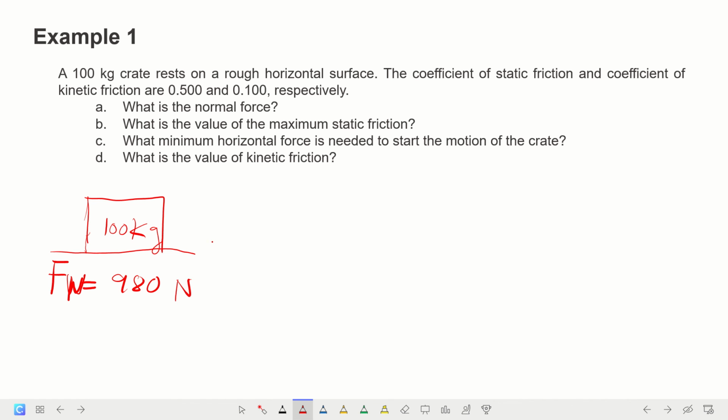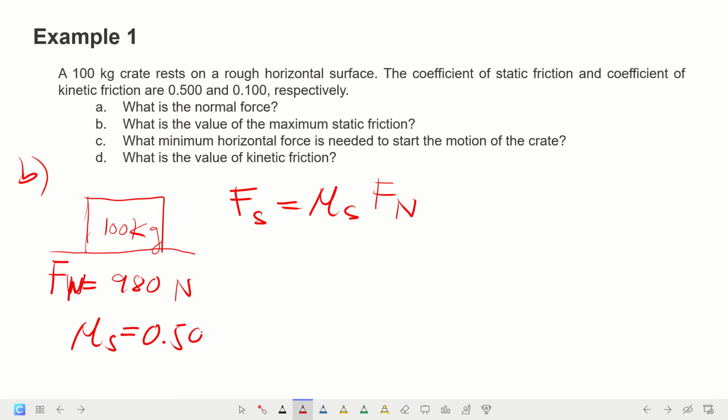So to look for the static friction, we know the equation is F of S, or static friction, is equal to the coefficient of static friction times the normal force. So we also know the value of our coefficient of static friction, which is 0.5.